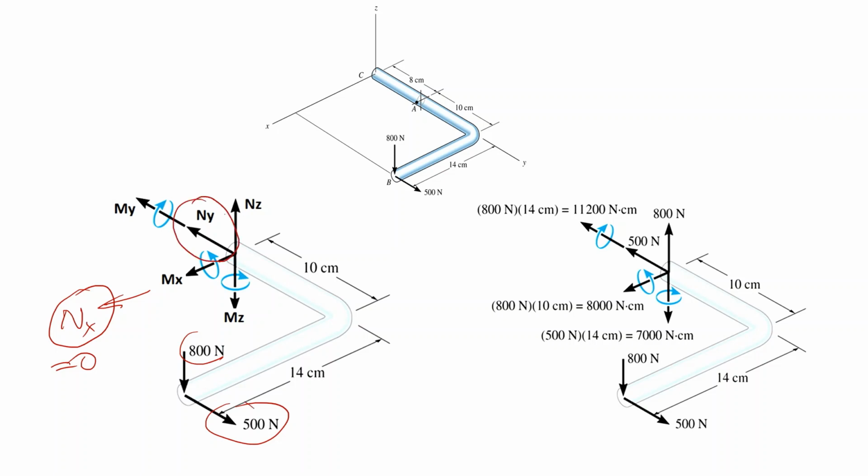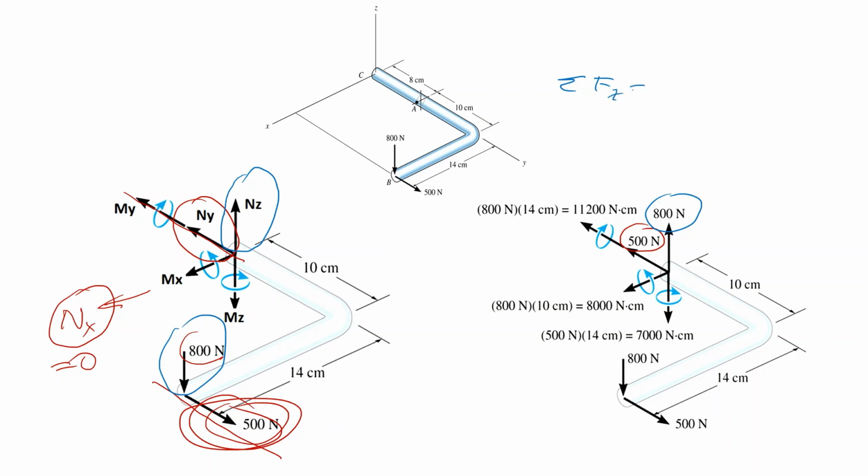Ny and that 500 are the two forces in this direction. So Ny should be 500. If you think the same for the Z direction, you see we have 800 and Nz, so Nz must be 800 newtons. You can do the same by writing sigma Fz equal to 0, and that is Nz minus 800 equal to 0, and Nz equals 800 newtons.